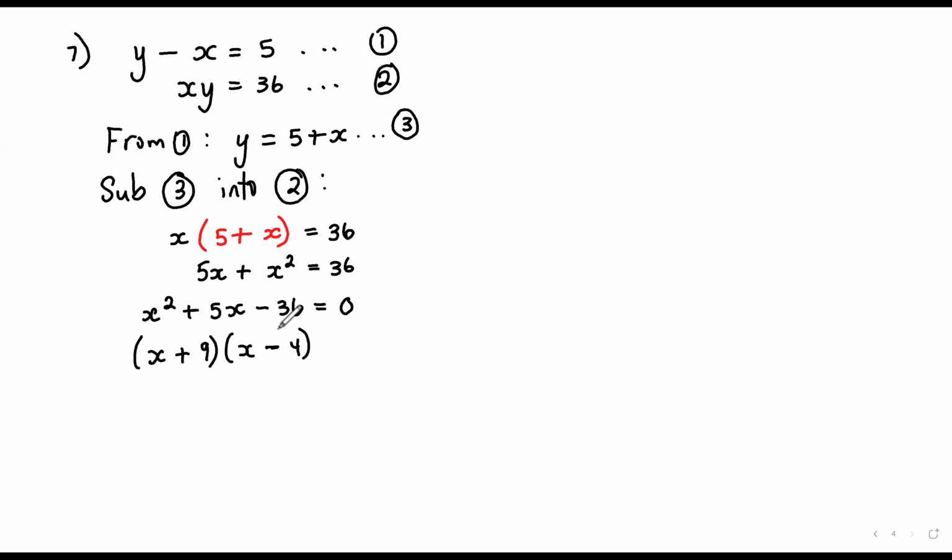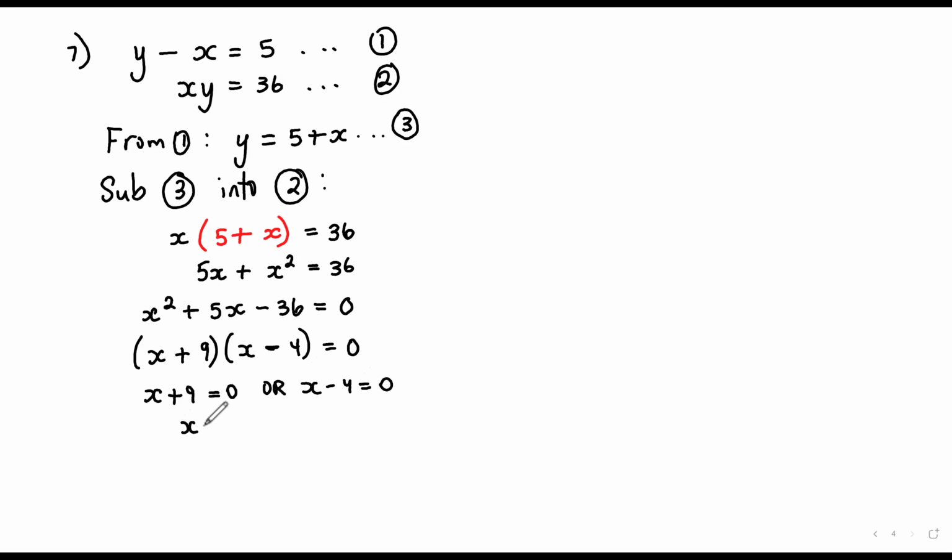Now, if you didn't know how to factorize it, you could have used the quadratic formula. You are still going to get the correct answer, provided that you substitute everything correctly in the formula. Good. So then x plus 9 is equal to 0, or x minus 4 is equal to 0.